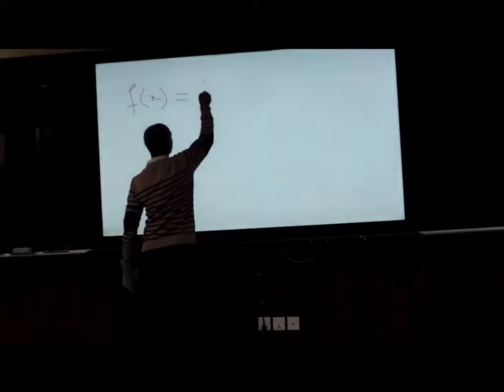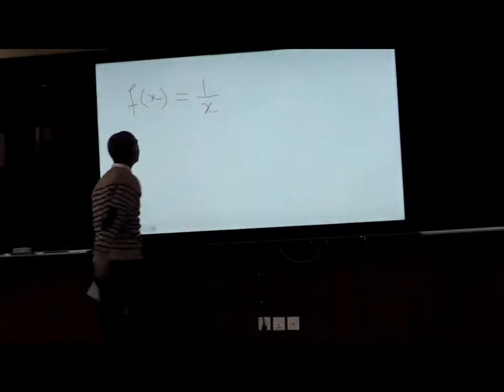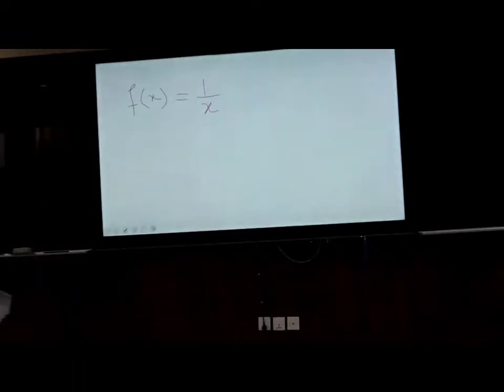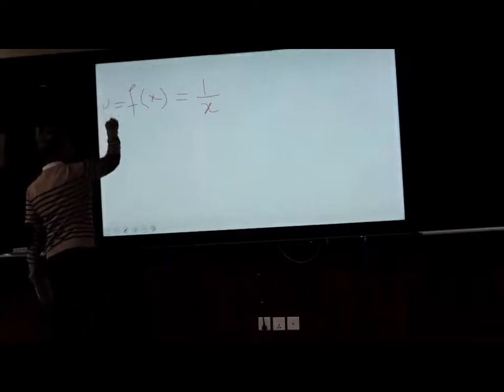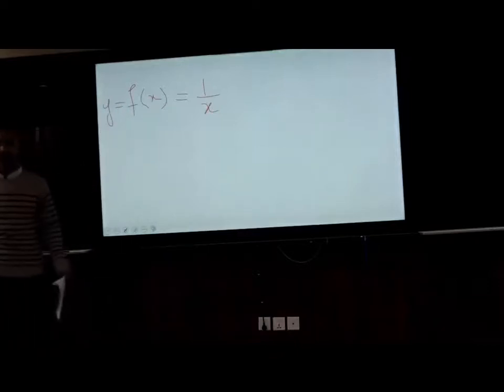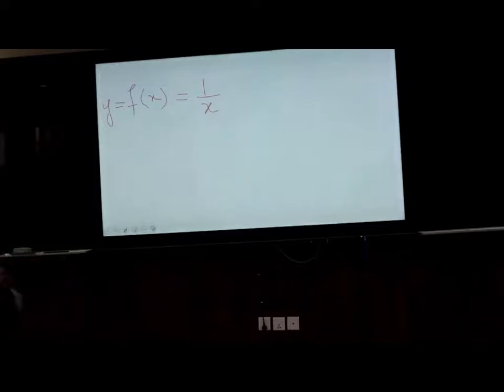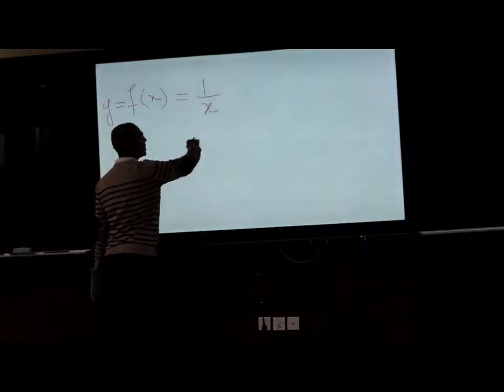So, for example, we have some function, and the nature of the function is f of x equal to 1 over x. We need to determine the slope of the tangent line to this function, as this is a function of y, some kind of a signal, and the nature of this signal is kind of inverse.